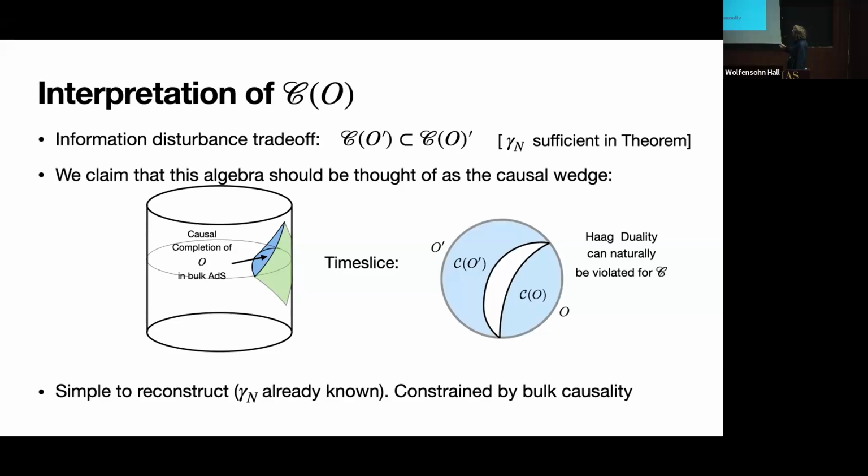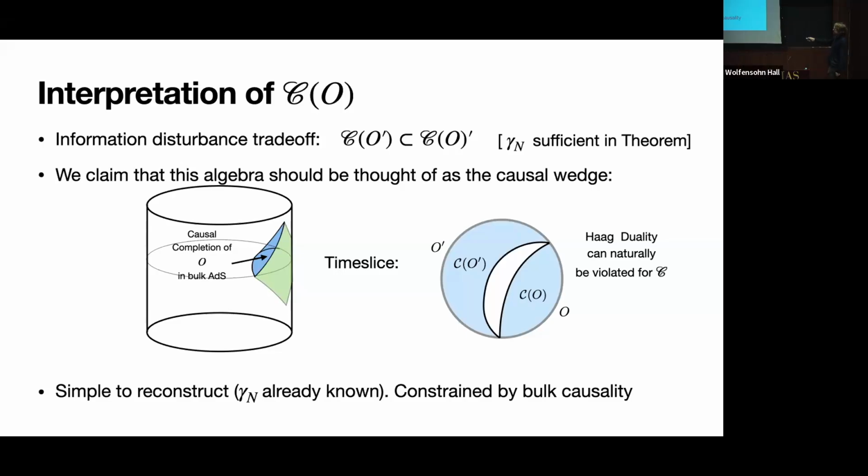Based on this and various other reasons, you should take C of O as representing the causal wedge, right? So operators in the bulk quantum field theory that are localized in the causal wedge. The causal wedge is just the causal completion of the boundary region O in the bulk.